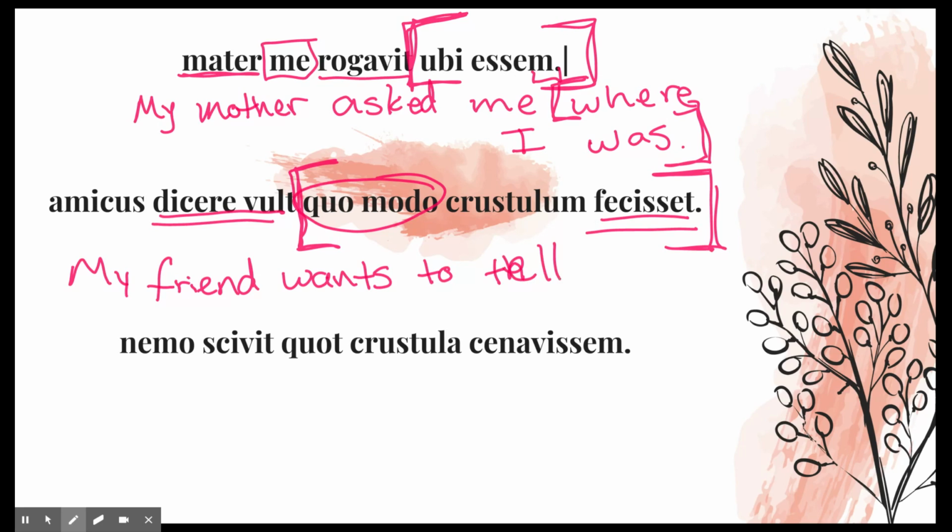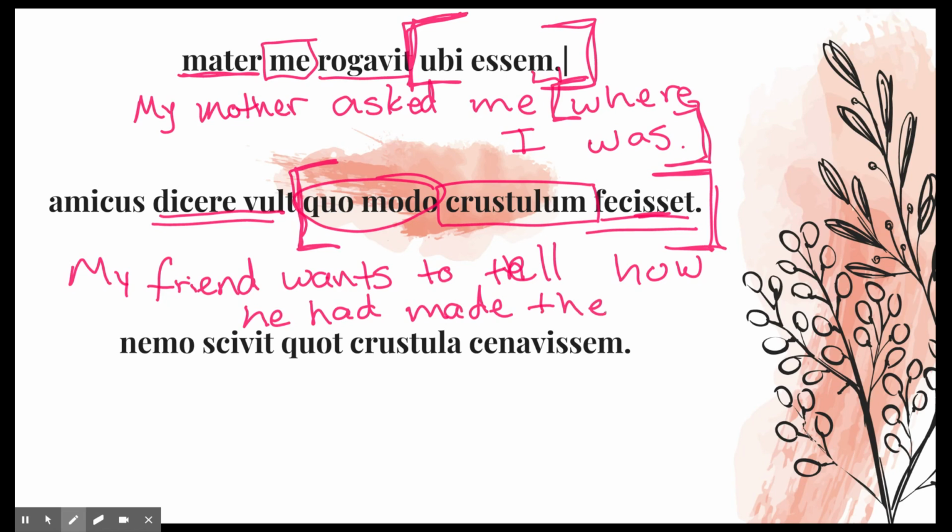Quomodo, how. Fecisset. This is in the pluperfect because I can tell from the s-e-t. He had made. And then you have the direct object of the indirect question: how he had made the cookie. So your main question, if it was direct, is how did he make the cookie? And that's how we know.